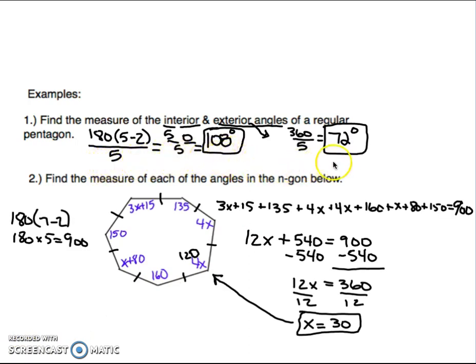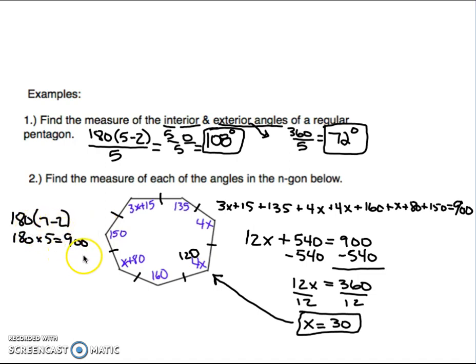Hopefully you found the same results when you did your calculations. For our interior angle, it was 108. Exterior angles would be 72. And then to figure out the measure of each angle in this n-gon below, we had to count up the sides. We found out hopefully that there were 7.